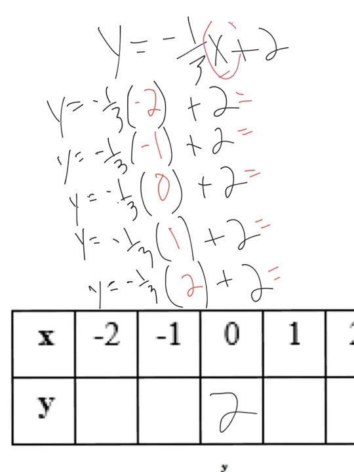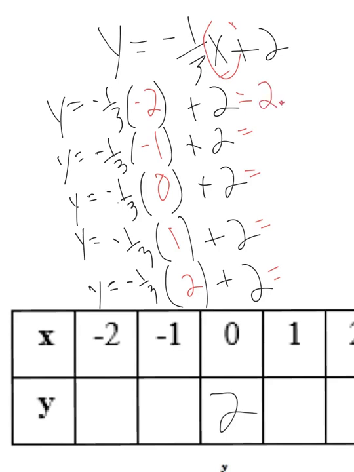and I'm just going to output the y value. So negative 1/3 times negative 2 plus 2. Depending on if you're using the calculator, it might give you a decimal or it might give you the fraction, so I'll just write both.